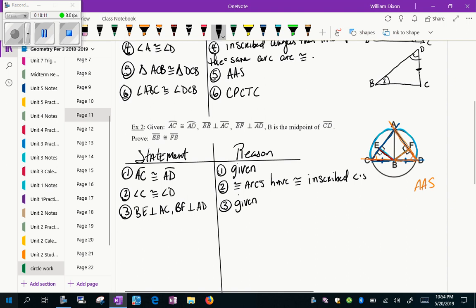I know we like to skip steps, but it's very important that we list that angle CEB and angle DFB are right angles. And 4, I'm going to write definition of perpendicular lines.